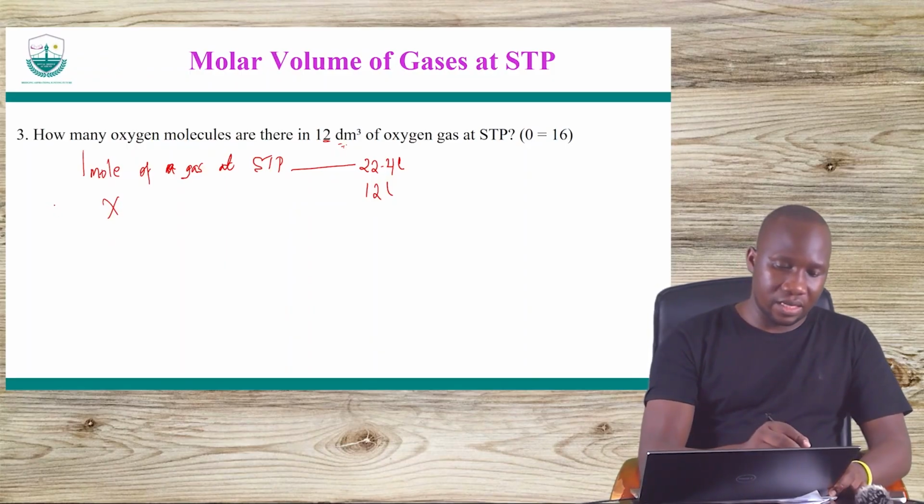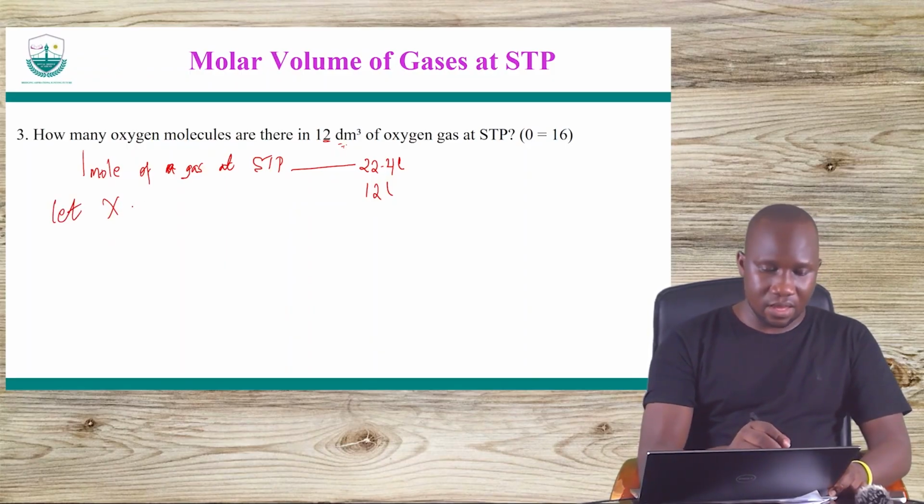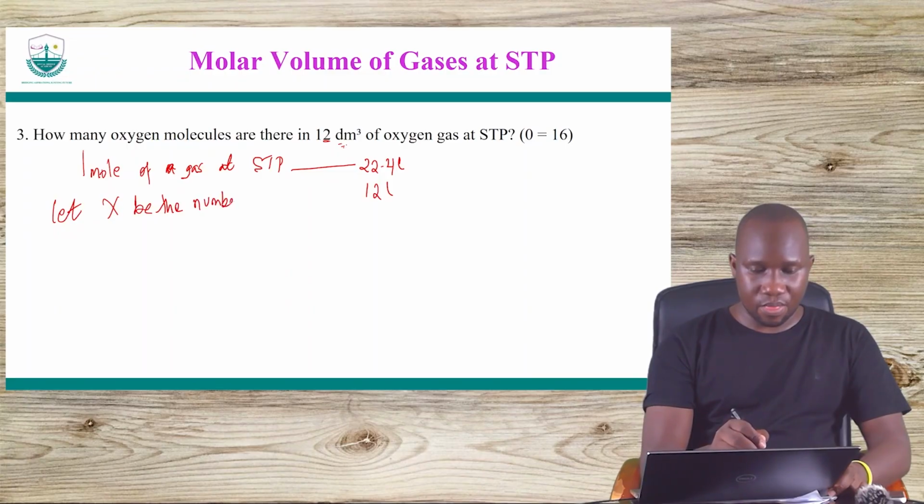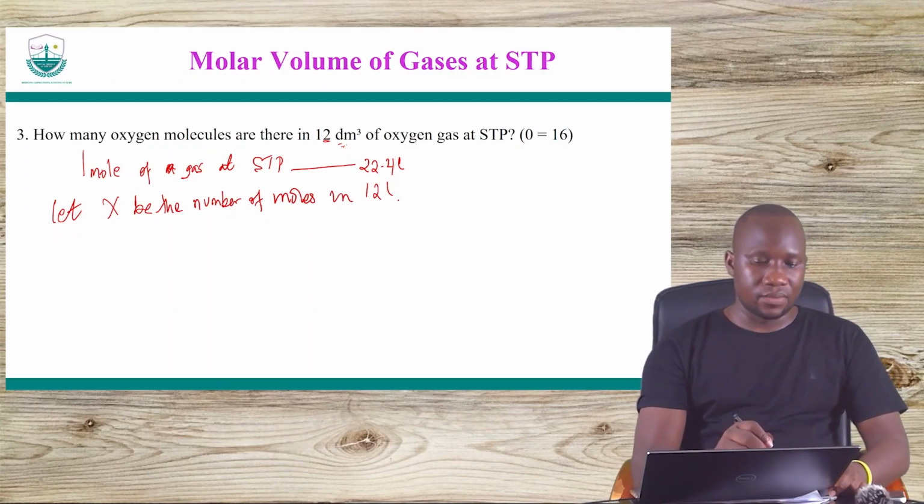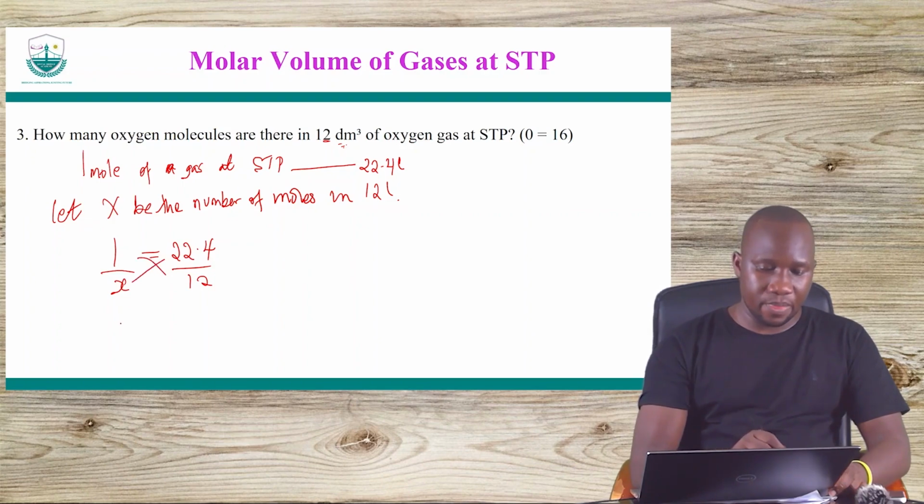Okay, so you can just say let X be the number of moles in 12. So 1 mole is contained in 22.4. What about X that we don't know in 12?